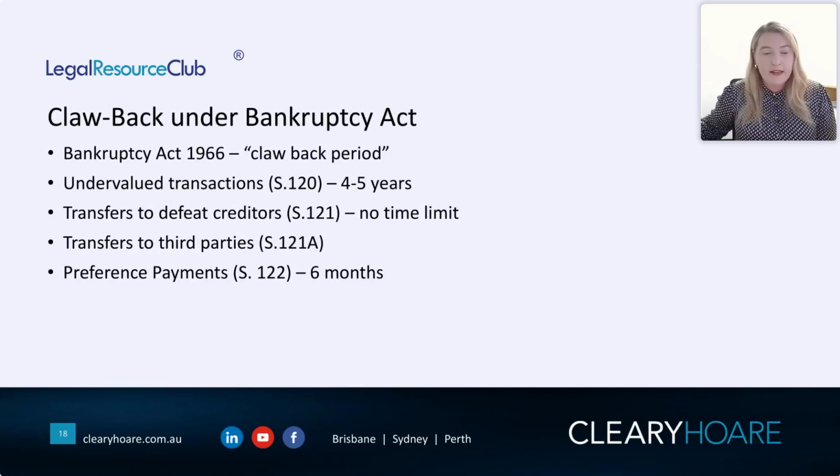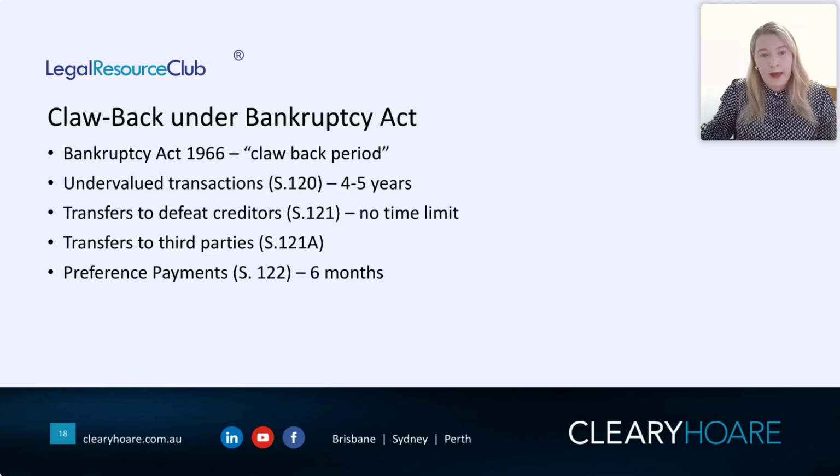Okay, I mentioned that this type of strategy and all types of asset protection work can be impacted by the clawback provisions under the Bankruptcy Act. So the clawback provisions basically allow a trustee in bankruptcy to look at the transactions that have gone on, and if the trustee in bankruptcy has the power to, they can unwind that transaction and bring those assets back into the bankrupt estate.